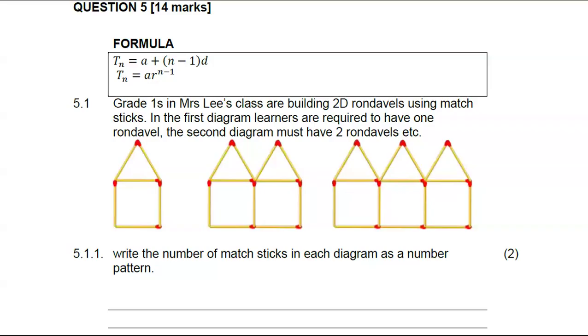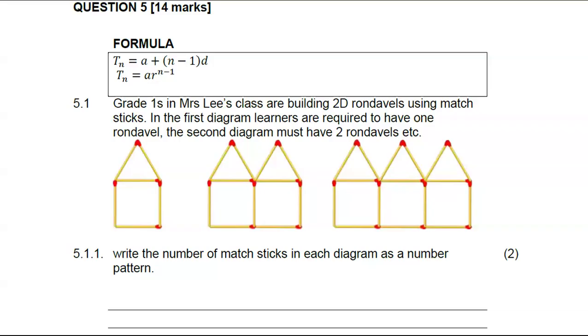And how many matchsticks does the third diagram have? 16. Now, when you notice this pattern, the first one will have 6 matchsticks, the second one will have 11 matchsticks, and the third diagram will have 16 matchsticks.